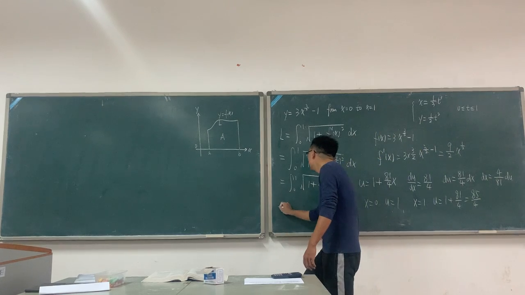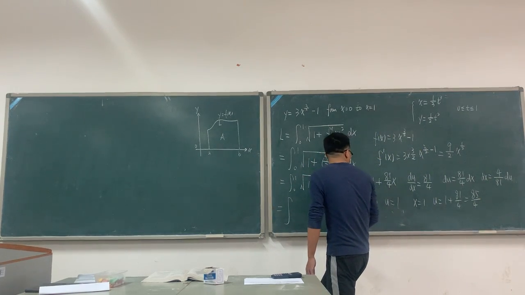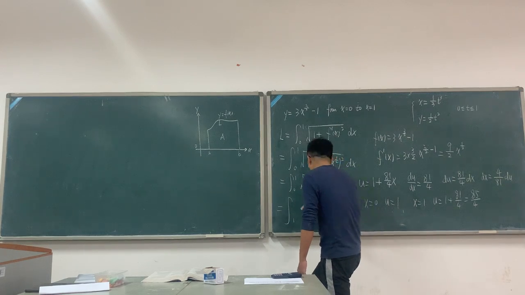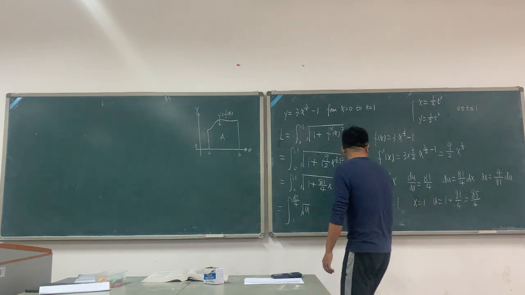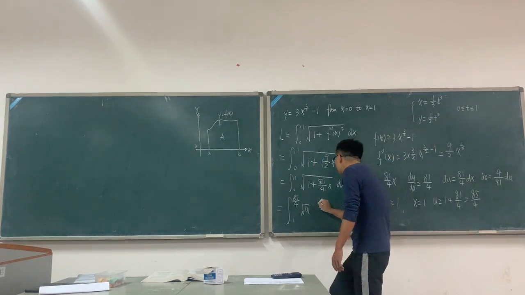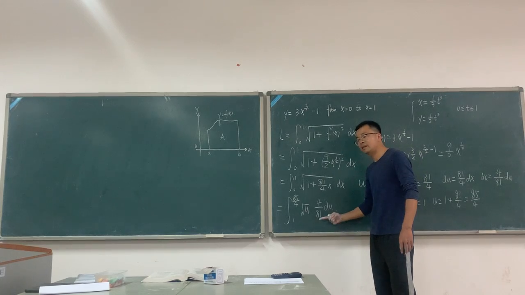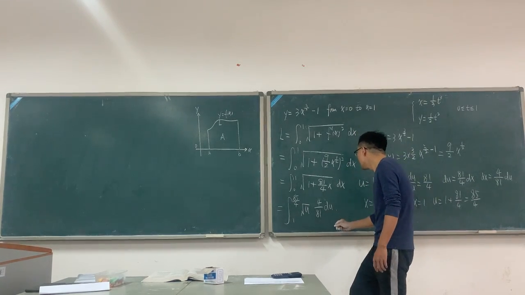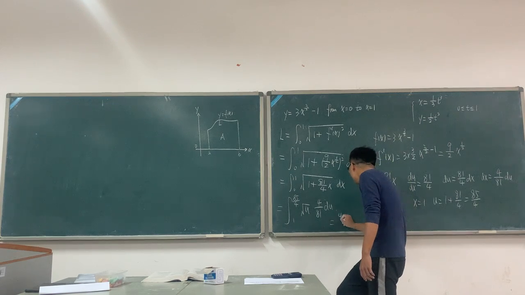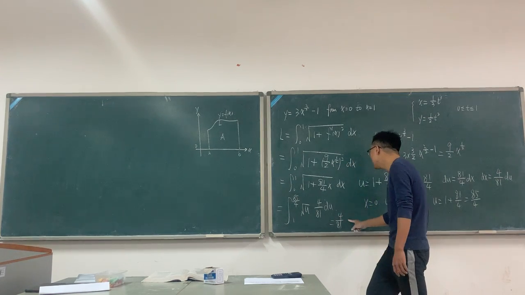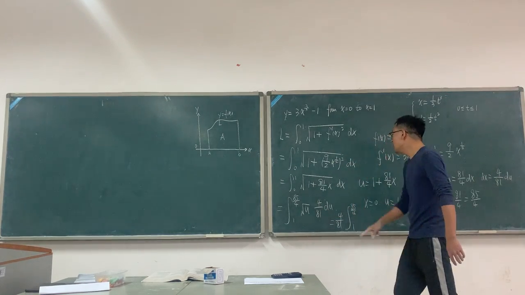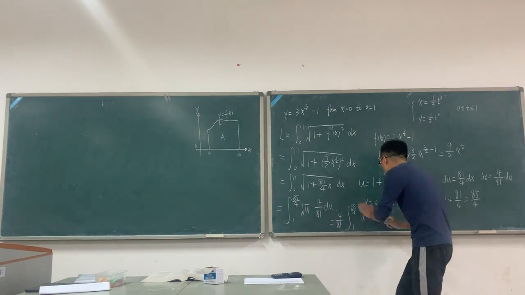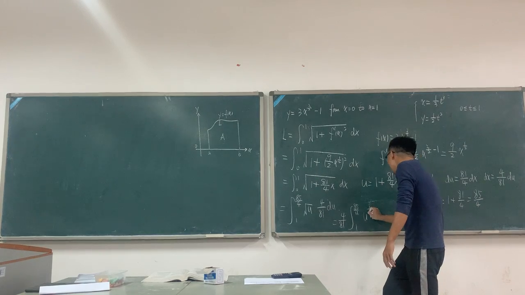So here equals the integral from 1 to 85/4 of the square root of u times 4/81 du. 4/81 is a constant, so it moves out. Here the square root of u is u to what power? 1/2 power du.